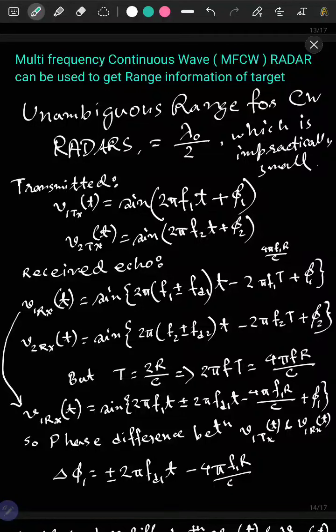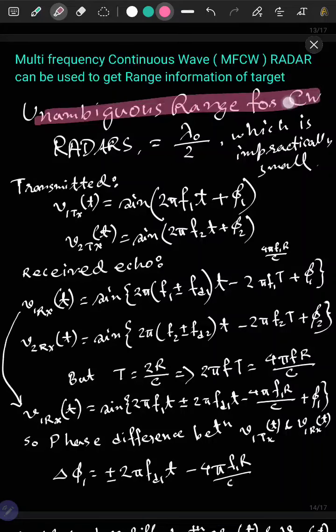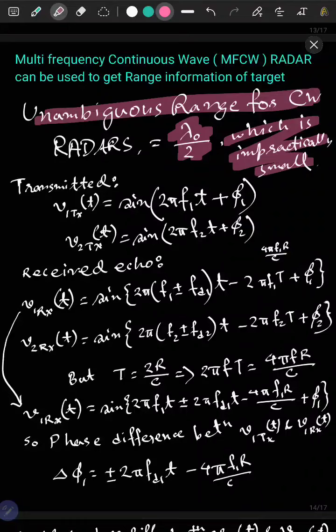Let us talk about how multi-frequency continuous wave radar can be used to get range information of a target. First, we need to understand that the unambiguous range for simple, single-frequency continuous wave radars is only lambda naught by 2, which is very small, almost impractically small.